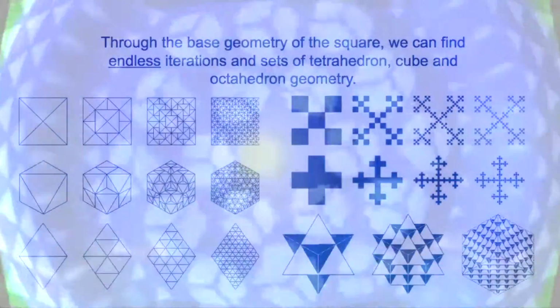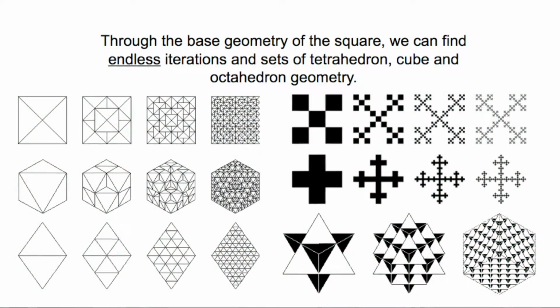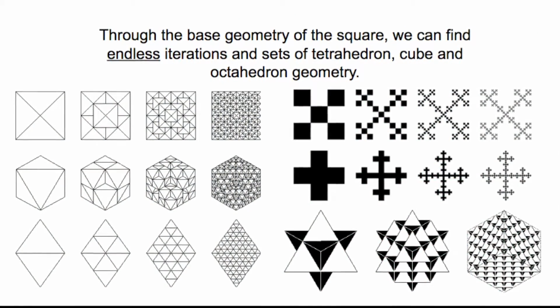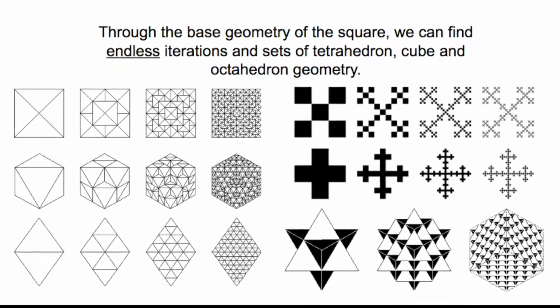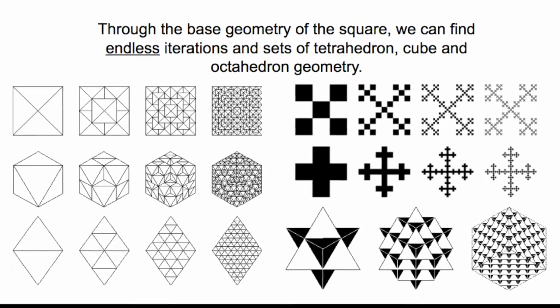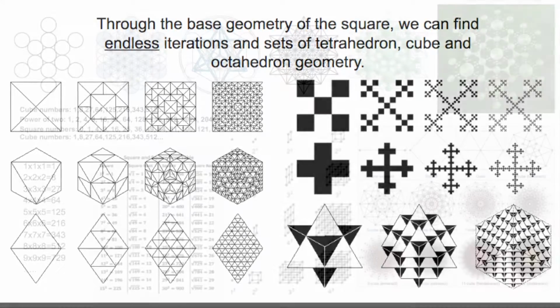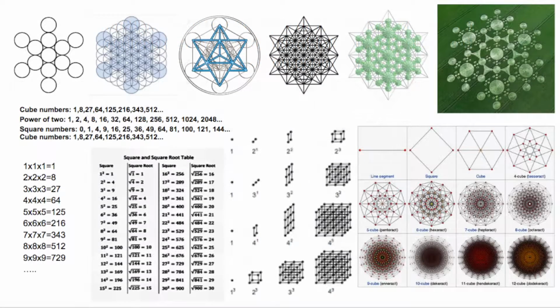It is through the cube that we begin to see the triangle, as well as the formation of the octahedron. The basic function of the cube is that it can be doubled, multiplied, and divided by the powers of 1, 2, 3, and 4.